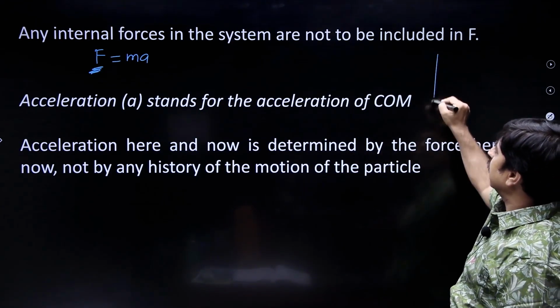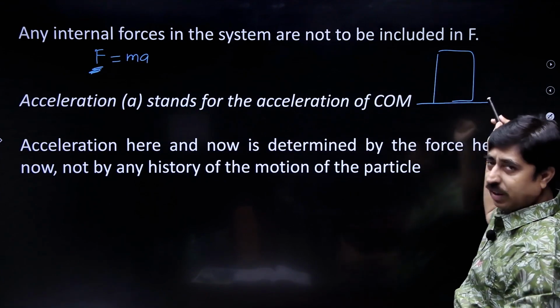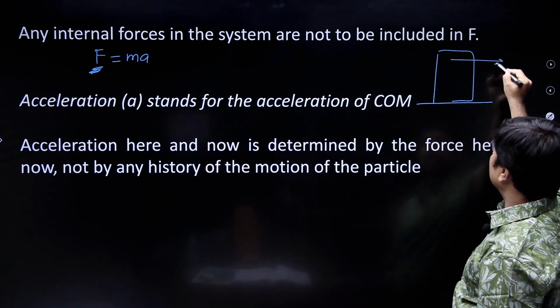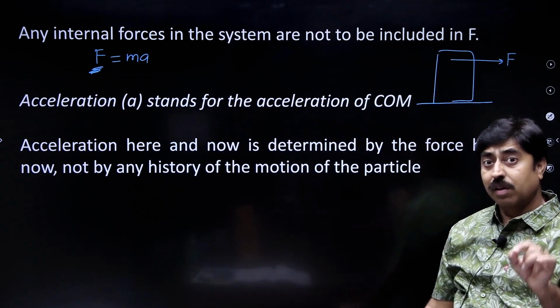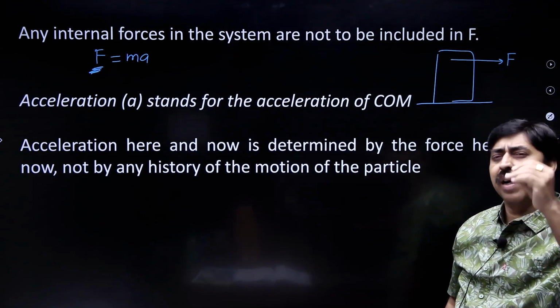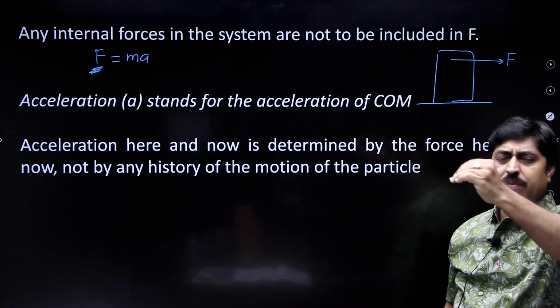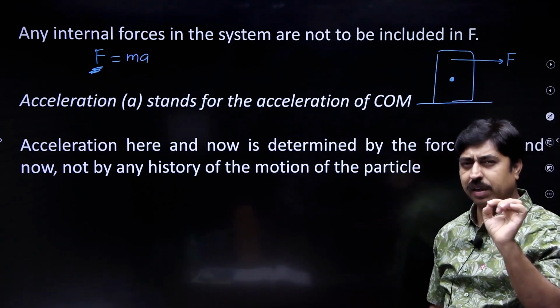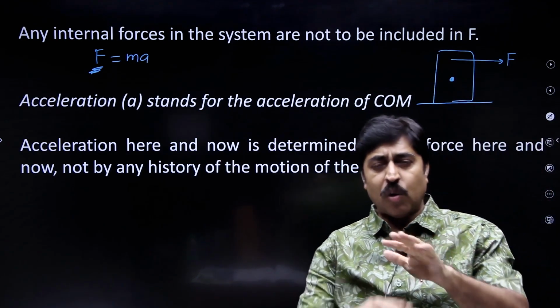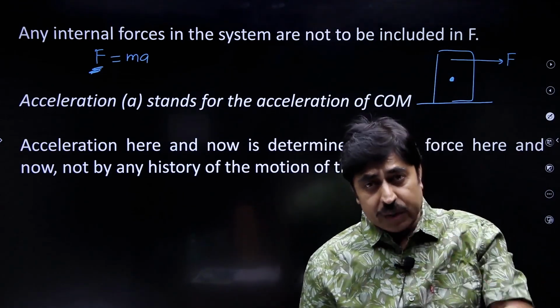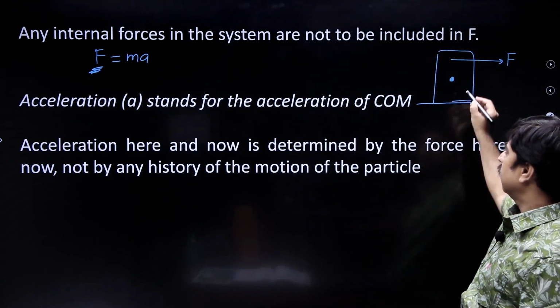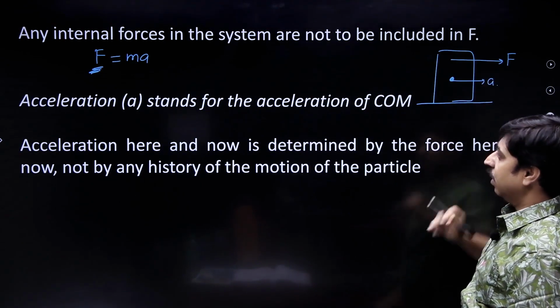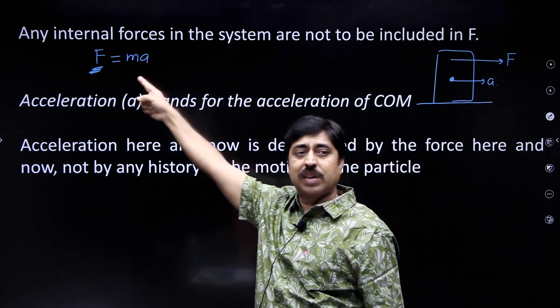Whatever be the shape and size of the body, if the total external force acting on the body is F, where this force is applied is not important. F is the vector sum of all external forces. Then center of mass is a special point in a body about which we will learn later on. This particular point, center of mass, moves with acceleration A, and acceleration of center of mass is given by this force.